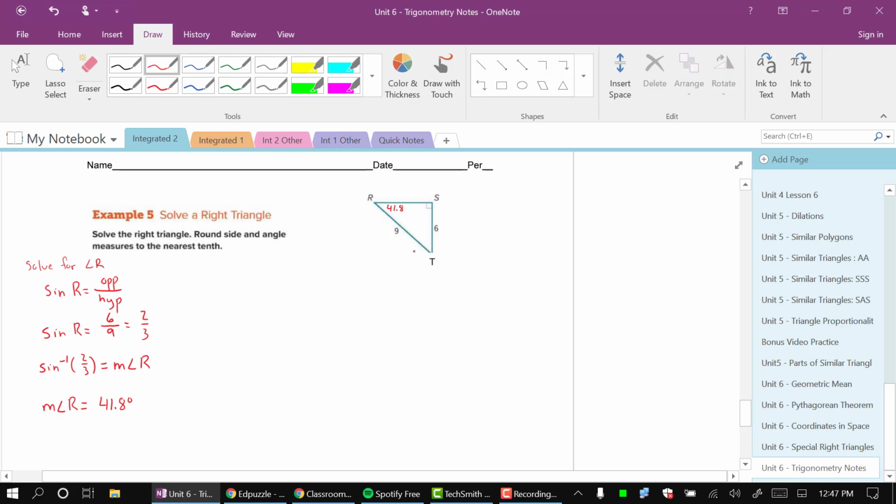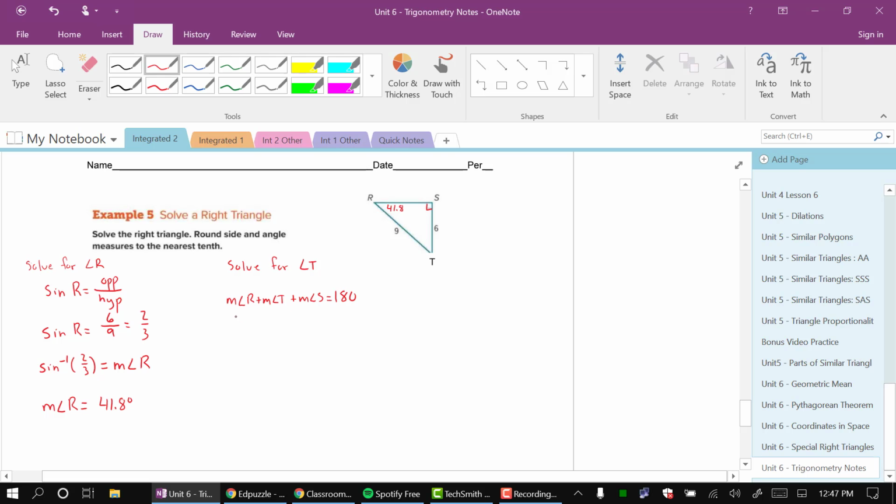Now to find my other angle, solve for angle T. I have two of the three angles. This is 90, this is 41.8. I can use the triangle sum theorem. Measure of angle R plus measure of angle T plus measure of angle S equals 180 degrees. So plug in what we have.